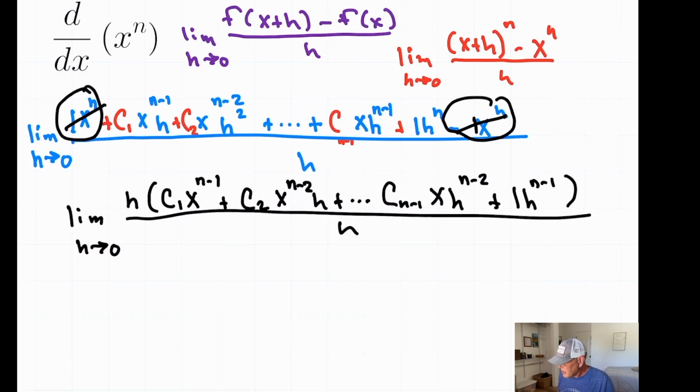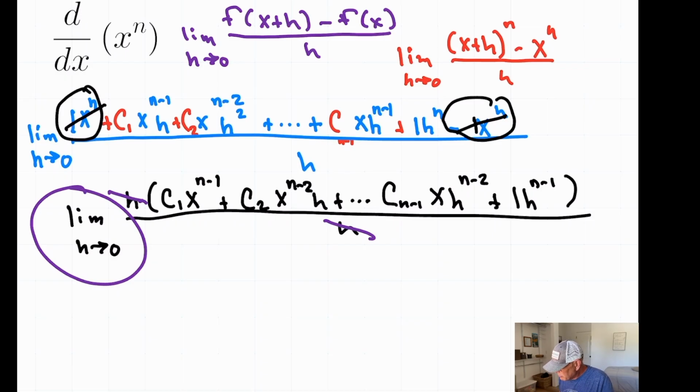So this h and this h can cancel, which now is not indeterminate, so I'm allowed to apply the limit. So I'm going to put 0 in for all the other h's. Well, remember, 0 times anything is 0. So let's go ahead and put 0.